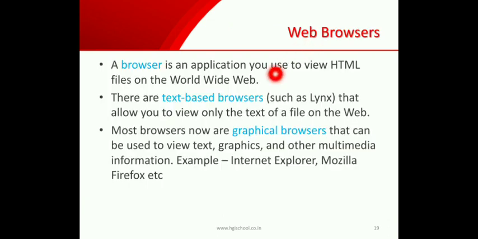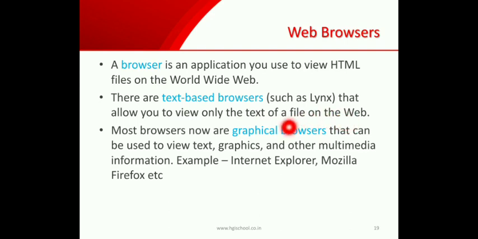Now web browsers. Web browsers are software we use to view HTML files on the World Wide Web. HTML files means web pages. There are two types of web browsers. Text-based browsers such as Lynx, where we can see only the text of a file on the web.